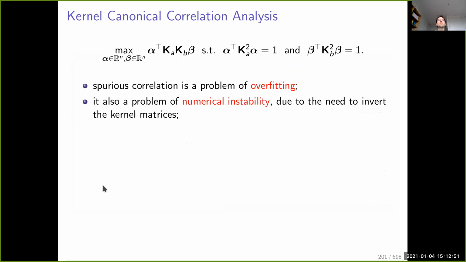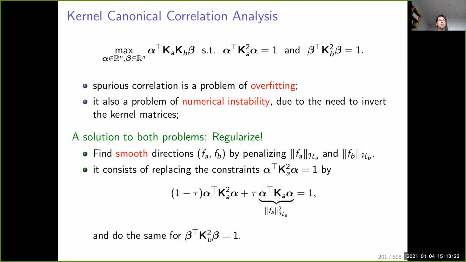And if we come back to our problem of kernel CCA, there is a problem of spurious correlation, which is slightly different. It's more a problem of overfitting and numerical stability. Basically, when I say that if you take any alpha prime, you can find a beta prime that maximizes the correlation, it means that I can find any vector alpha, any function in the original RKHS, and find another function that maximizes the correlation.